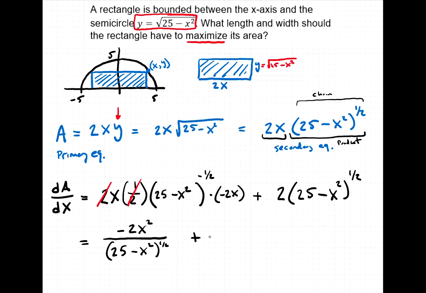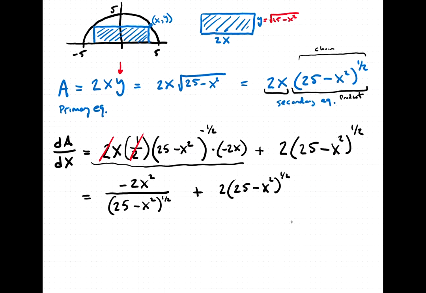All right, so that's the first term in the derivative, and the second we have the 25 minus x squared to the 1/2. All right, so let's combine these terms by getting a common denominator. So let's take this second term and multiply it by 25 minus x squared to the 1/2 over 25 minus x squared to the 1/2.